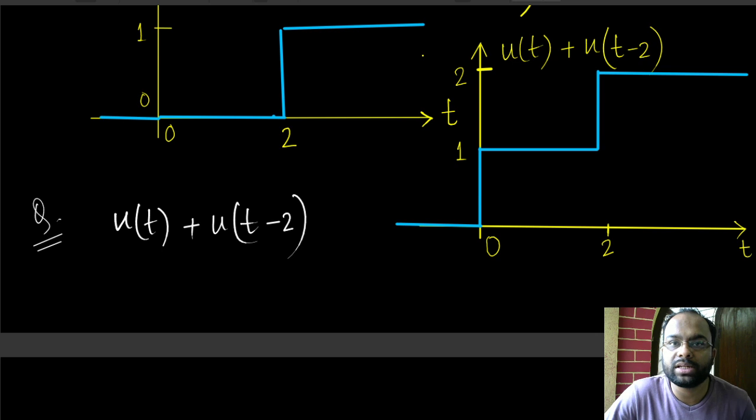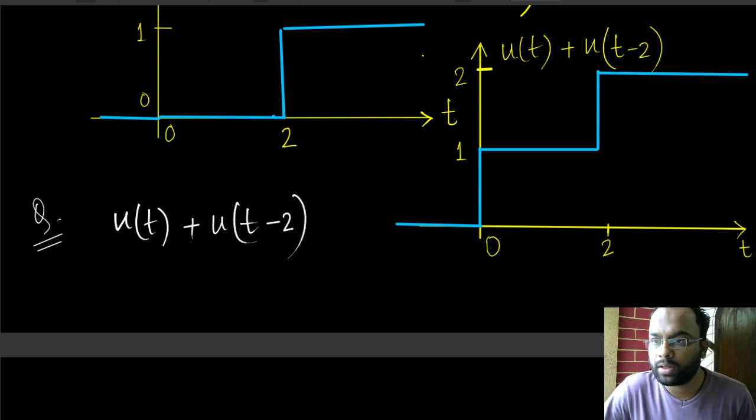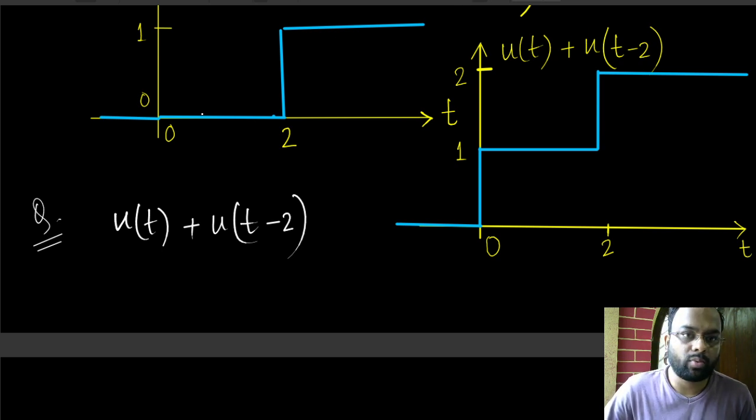So please let me know if this is understandable, right? So this is u(t) plus u(t minus 2). And what about the rest of you?